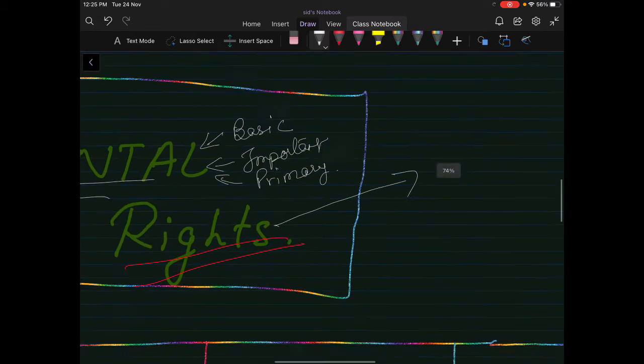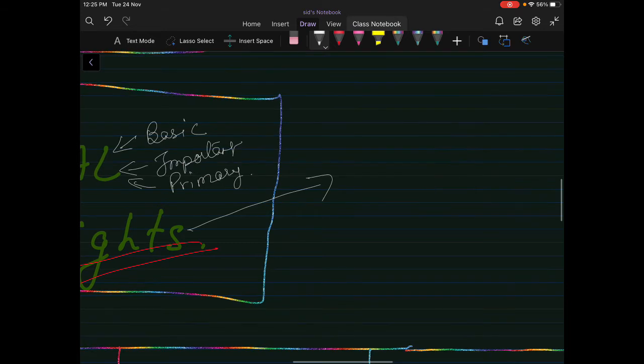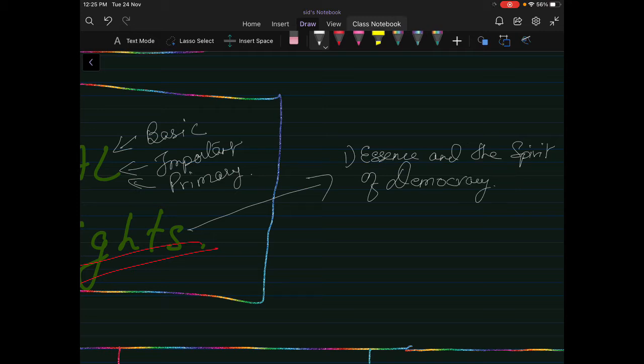Rights simply means, number 1, the essence and the spirit of democracy. Whenever you hear the word democracy, you have to understand that in that nation people enjoy rights.